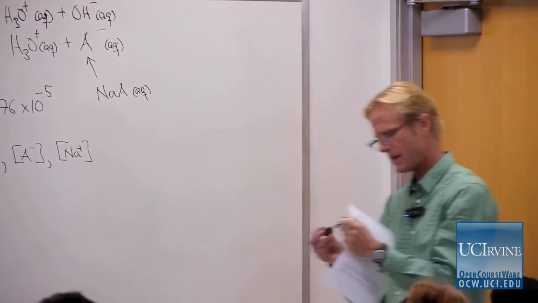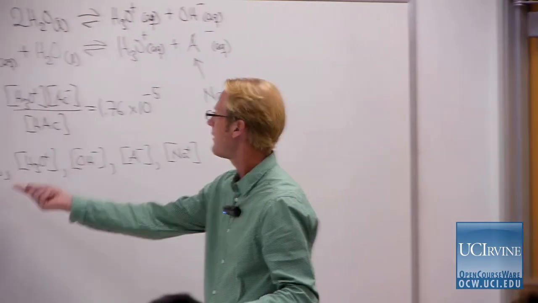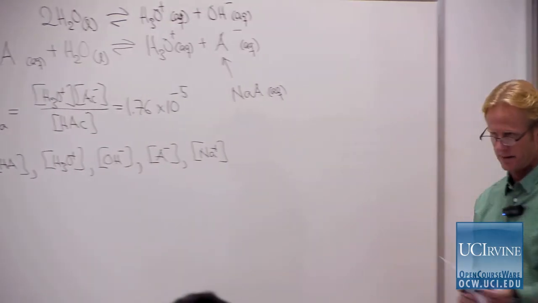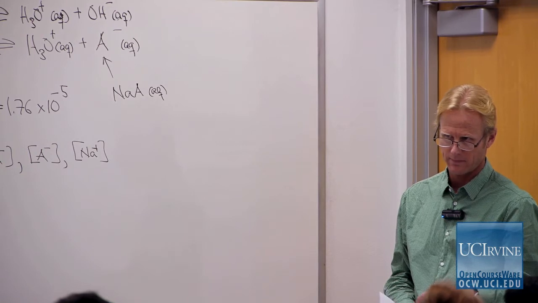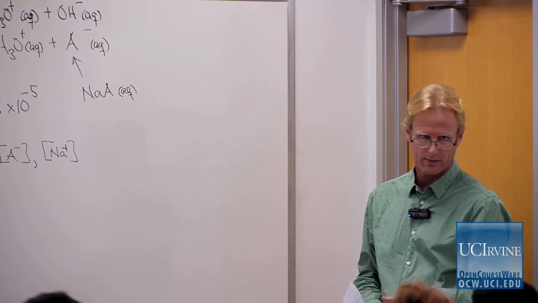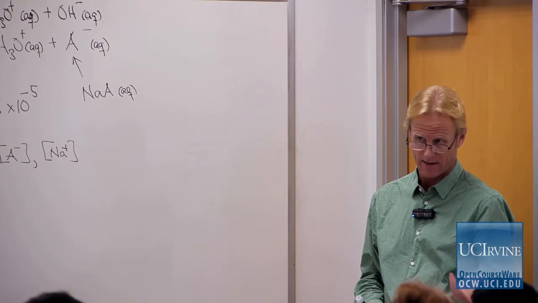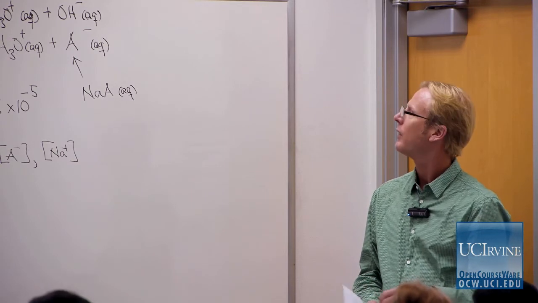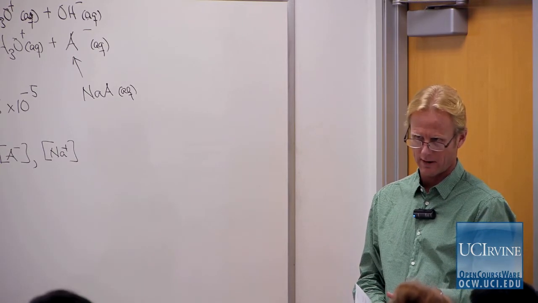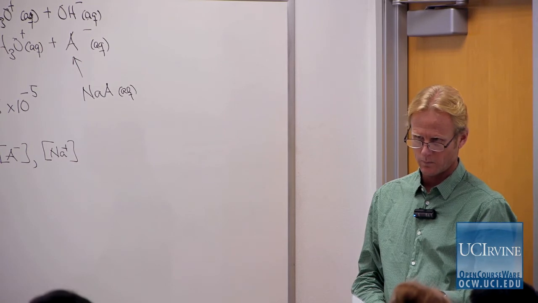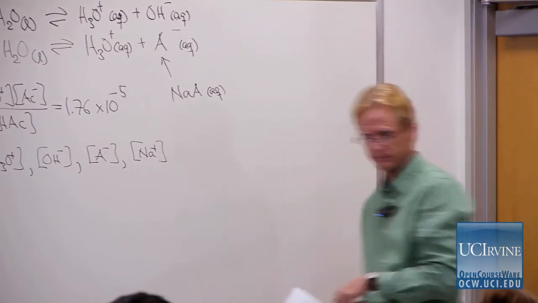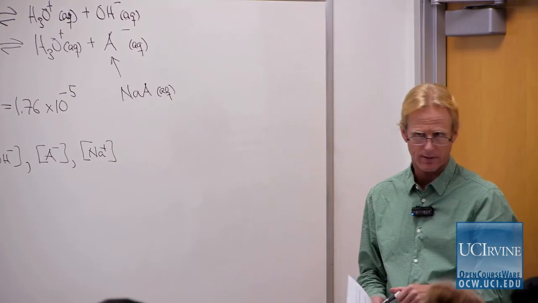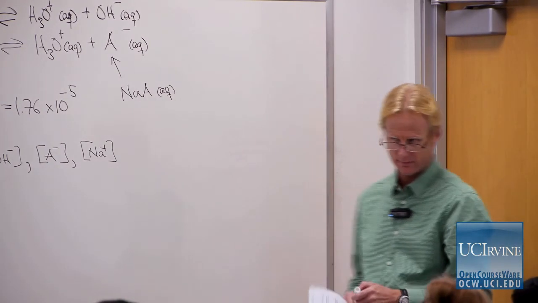Now, if I have 5 unknowns, how many equations do I need to determine the solution for 5 unknowns? I need 5. How many do I have so far? 1. So we have to come up with 4 more equations.